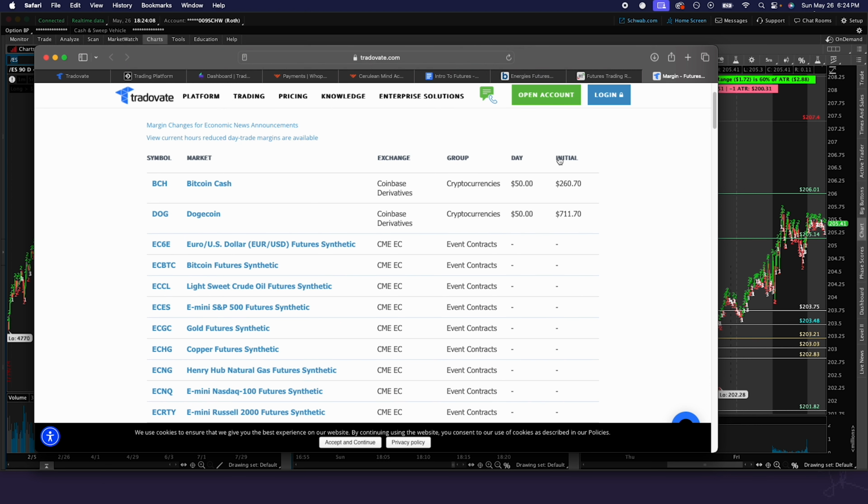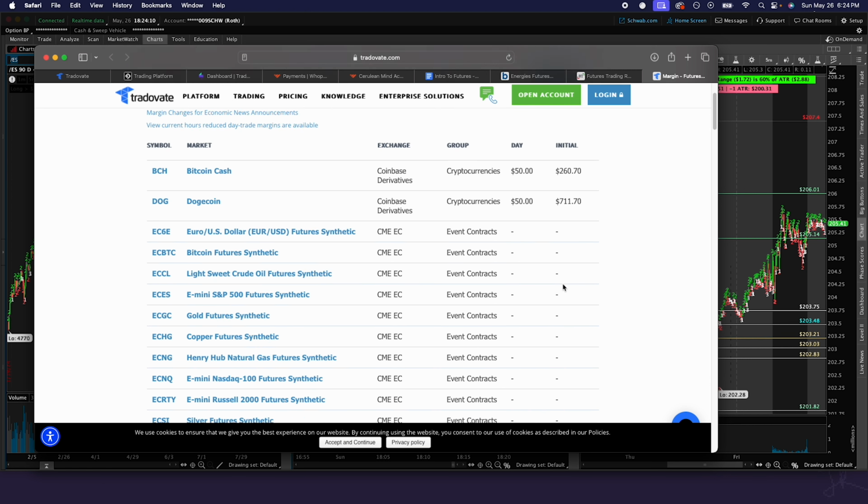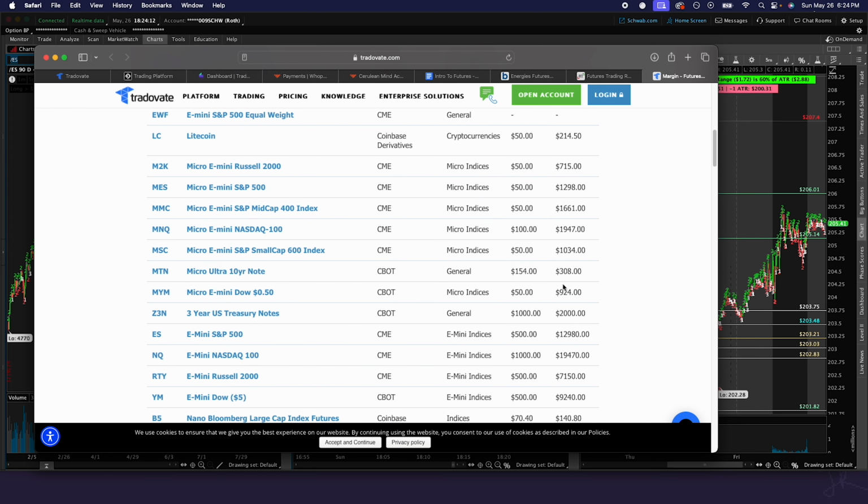You may be looking at initial margin here. Initial margin is if you want to hold the position overnight. And overnight for futures is from 5 p.m. Eastern to 6 p.m. So futures is open from 6 p.m. Eastern to 5 p.m. the following day. So if you don't close that position, you're going to need at least this much to carry that position overnight.